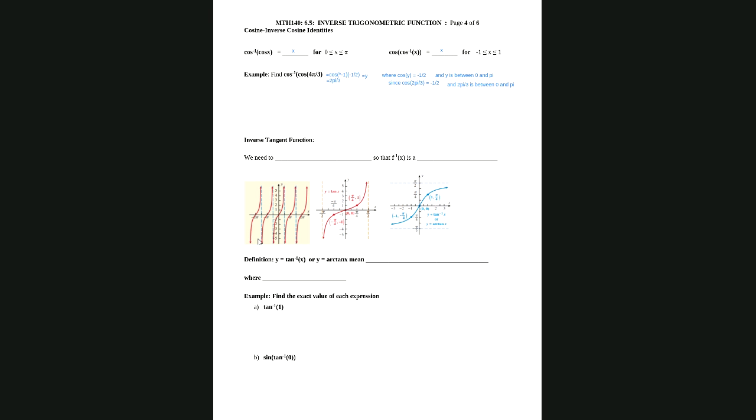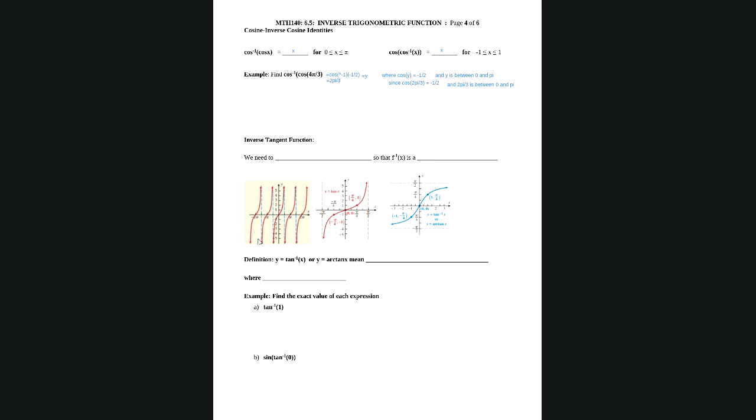Okay, next up we're going to look at the inverse tangent function. So again, we have a problem that if we use the whole entire function, the inverse won't be a function. So we need every y to have just one x.